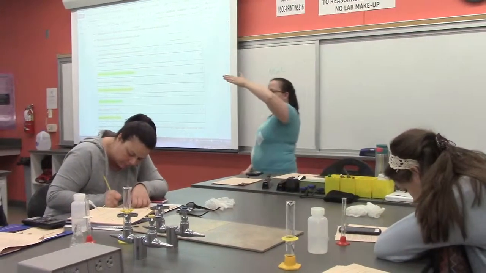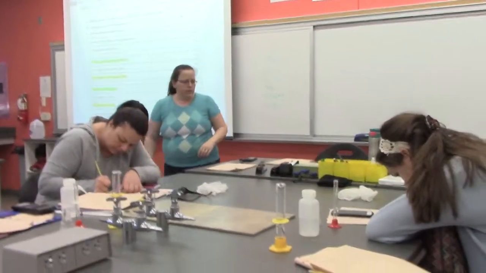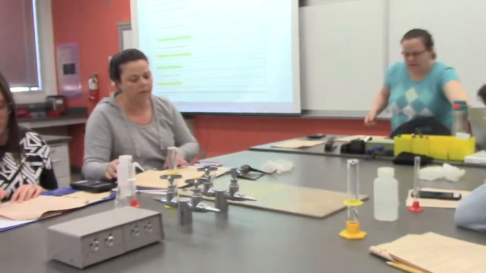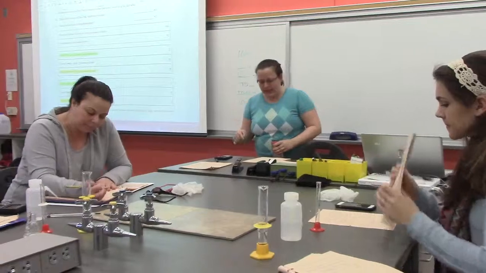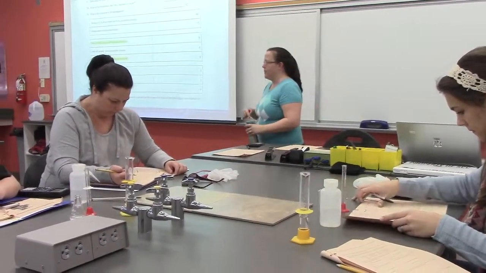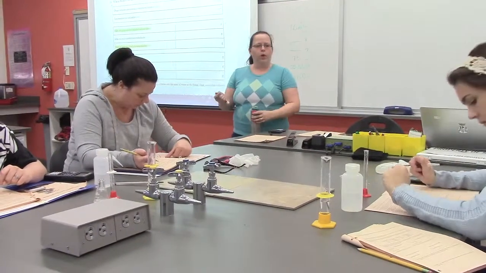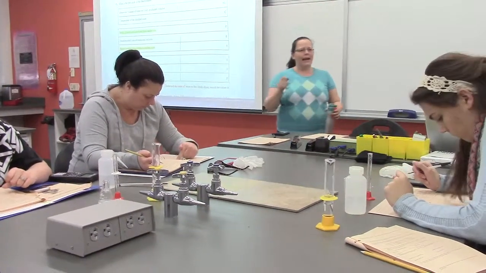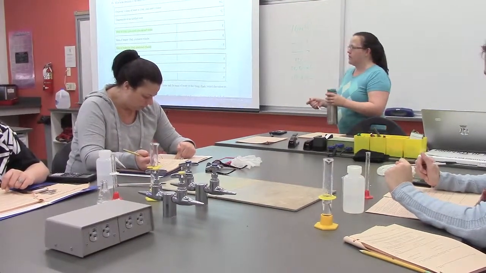So now we go to the top of the next page. And it asks, are the masses of the water in the data table more precise than the precision of the graduated cylinder? So your graduated cylinder was plus or minus 0.01. Are your masses more precise than that?